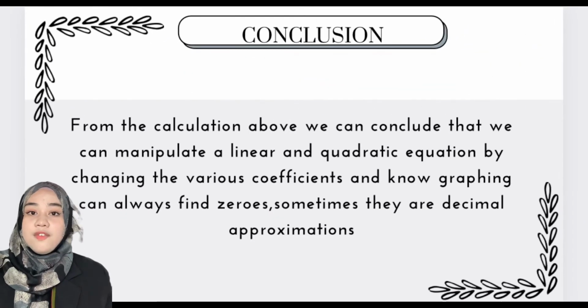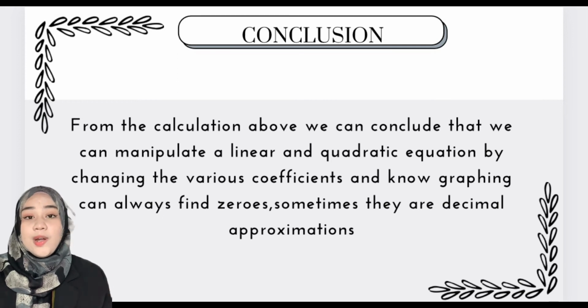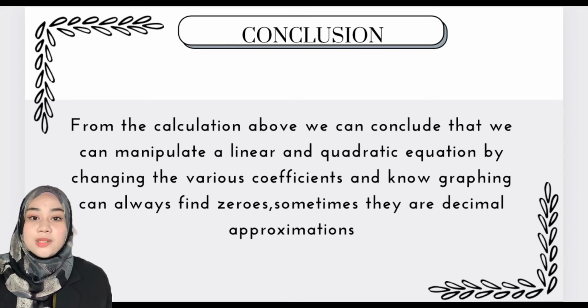So D is a complete graph of the equation h(t) = -16t² + 96t + 112. From the calculation above, we can conclude that we can manipulate quadratic equations by changing the various coefficients, and graphing can always find 0. Sometimes there are decimal approximations.